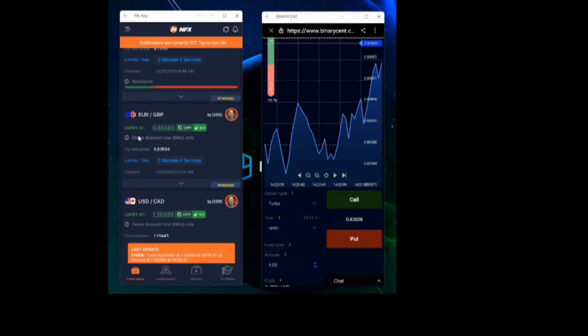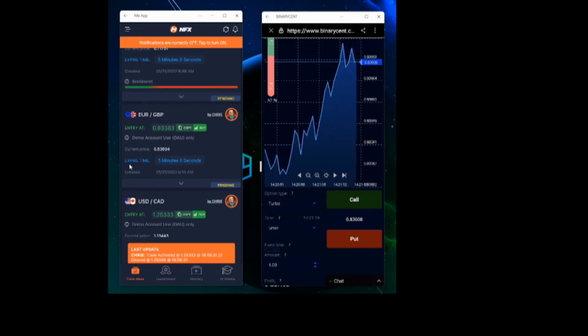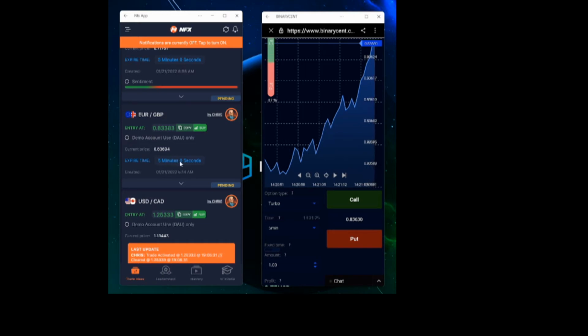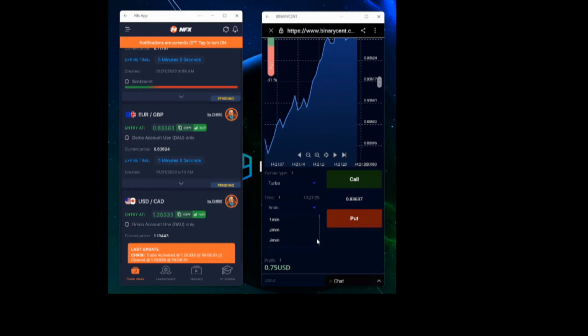Next, after you identify the entry price, you're going to look at the entry time or the expiration time. So the expiration time here in this example is 5 minutes. So you're going to go to Binarycent and you're going to go to time, and then you're going to select 5 minutes from the drop down.